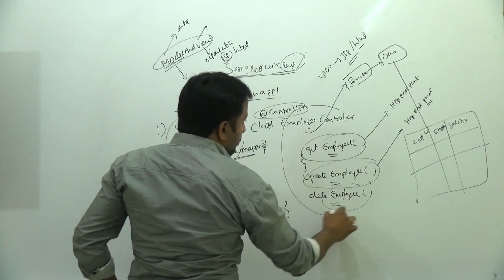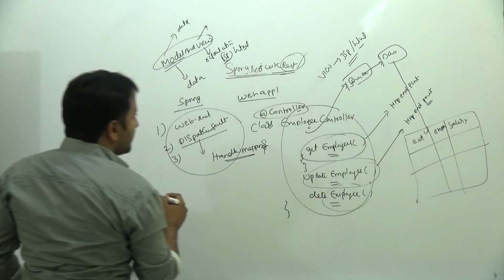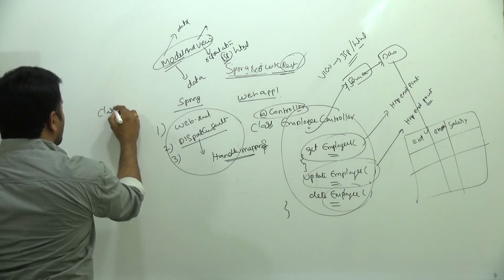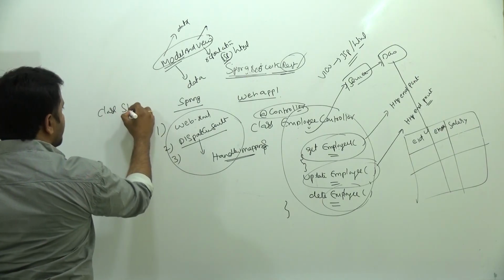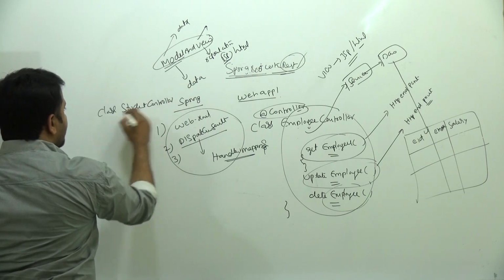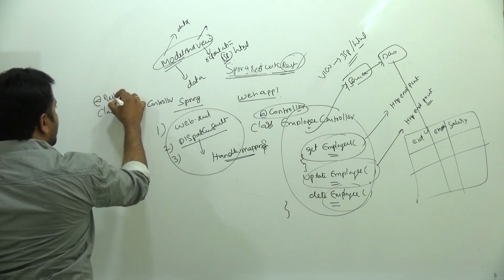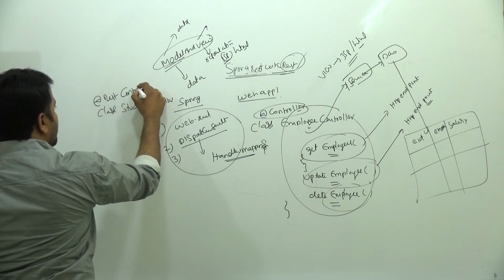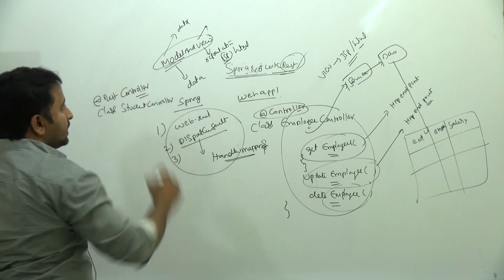But in case of Spring Boot with REST applications, how do we make a class a REST controller? For example, I am developing a student controller. This student controller must be annotated with the @RestController annotation. There is a difference.